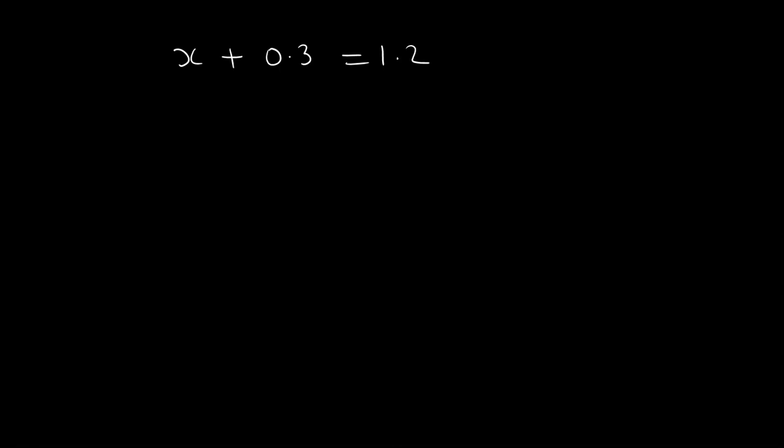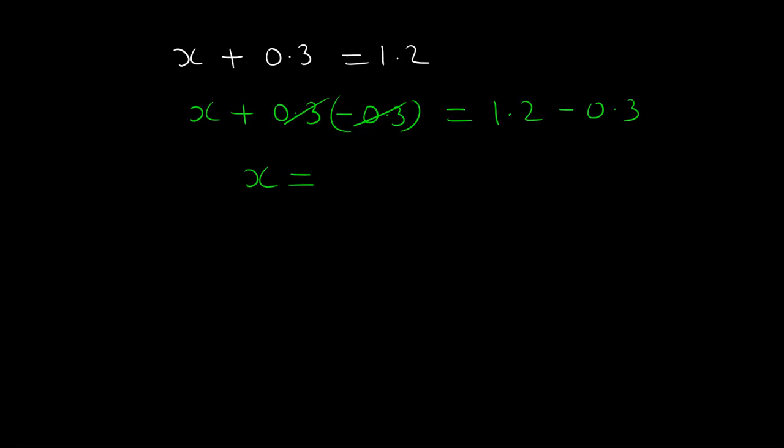That is our problem. So we have x plus 0.3. Now we will subtract 0.3 from both the sides. 0.3 is equal to 1.2 minus 0.3. So they will cancel out, and we get x is equal to 1.2 minus 0.3.